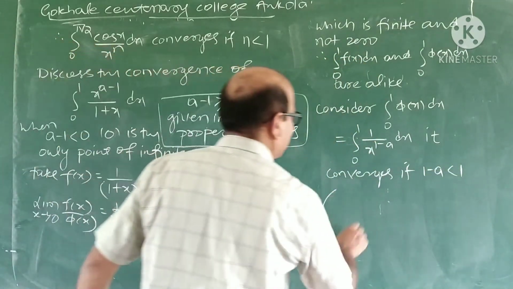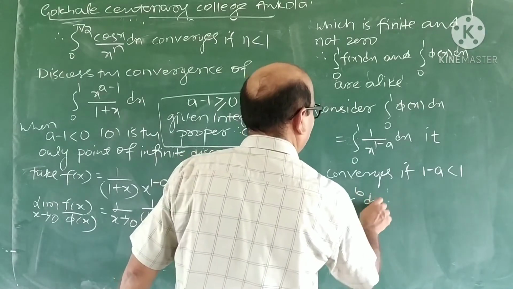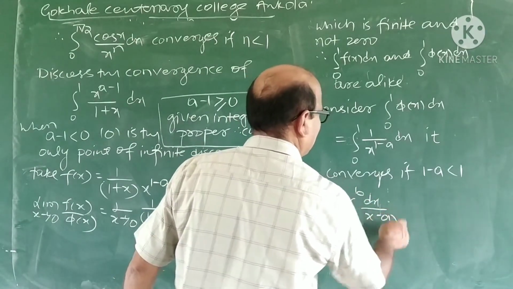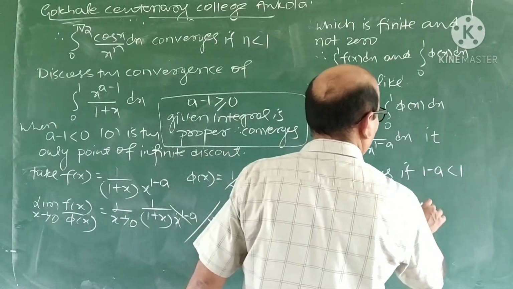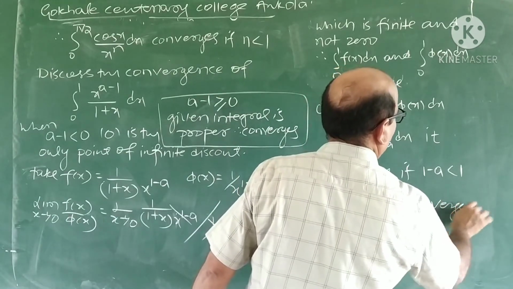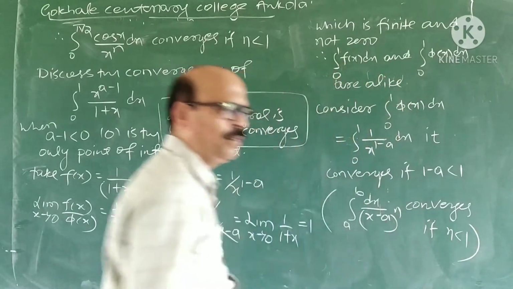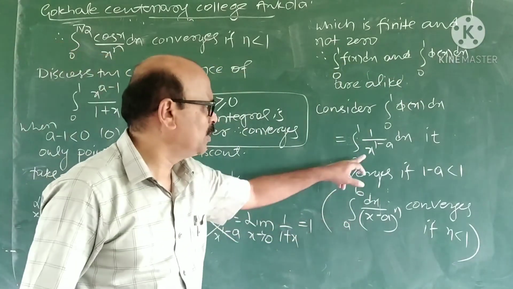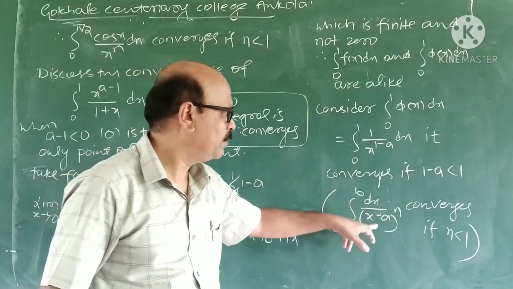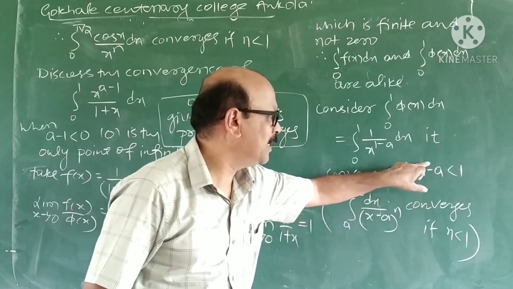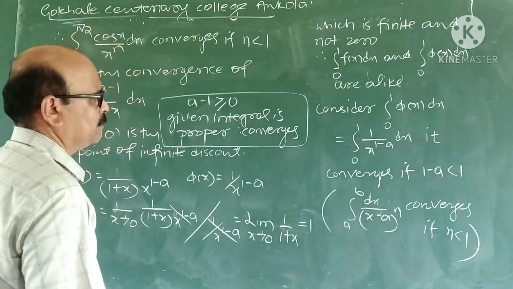Here we have used this test: the integral from a to b of dx by (x minus a) raised to n converges if n is less than 1. And it is exactly of this form. Therefore, 1 minus a less than 1, it converges.